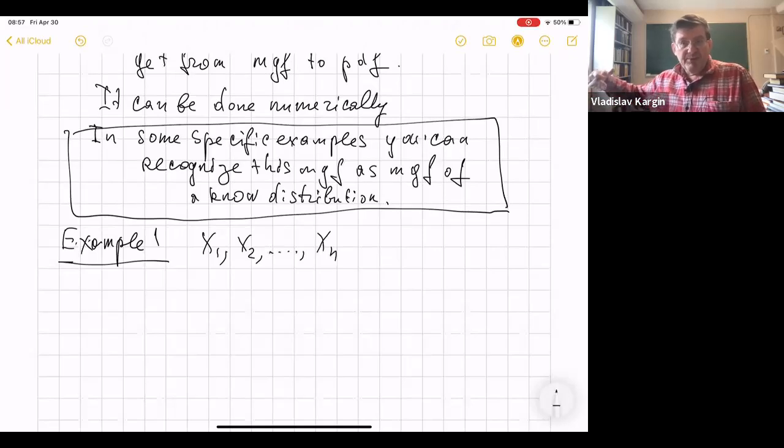In the PDF method, it would be very difficult to write down the multidimensional integral and to calculate the density of the sum.